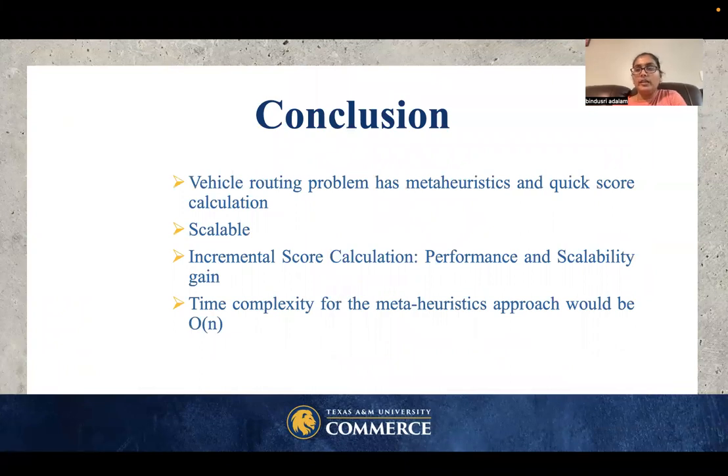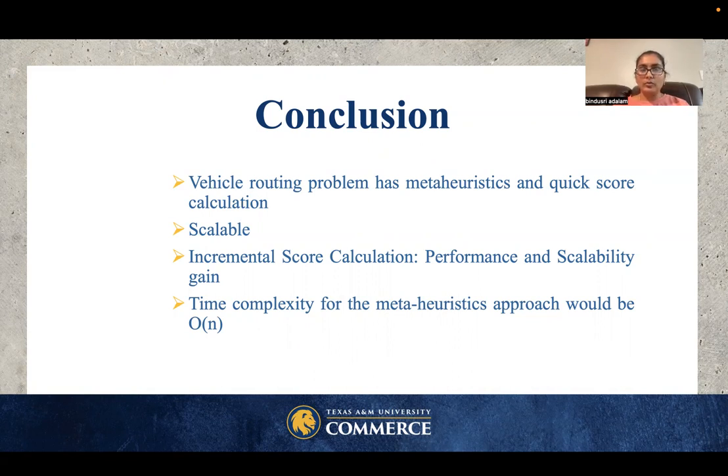And finally, coming to the conclusion, in this vehicle routing project, a rule engine such as rules is great for calculating the score of a solution of a planning problem. It makes it easy and scalable to add additional hard or soft constraints. It does incremental score calculation without any extra code. This is a huge performance and scalability gain.